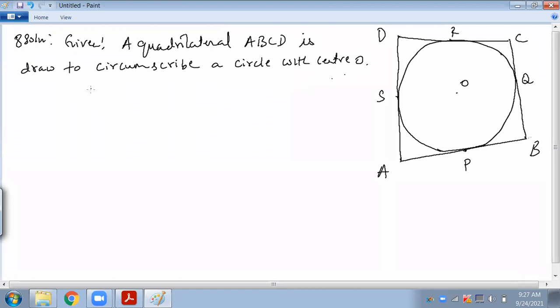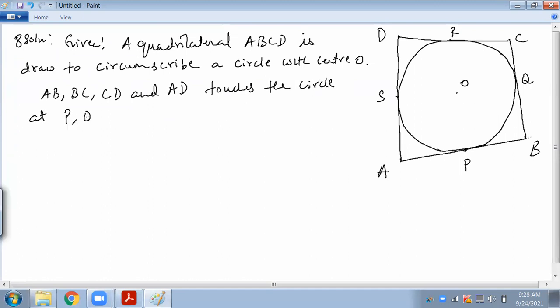Since it is circumscribing, the sides AB, BC, CD, and AD are touching the circle at P, Q, R, and S respectively.